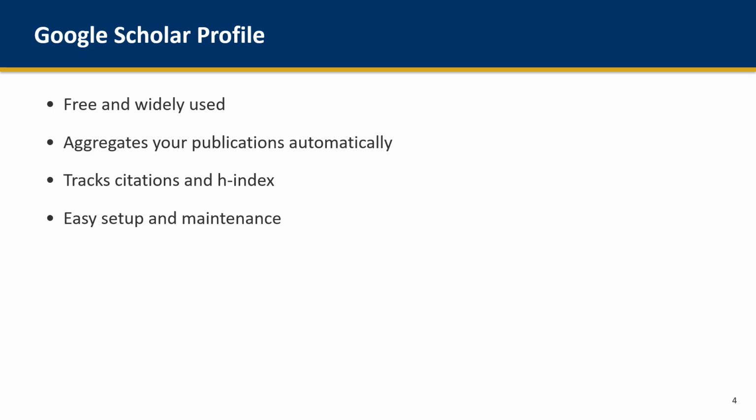Add a professional photo, your affiliation, and keywords describing your research areas. Review the automatically detected publications and correct any errors. The initial setup takes perhaps 30 minutes, and occasional maintenance to verify new publications takes minimal time thereafter. Most established scholars have Google Scholar profiles, and its absence raises questions about why you do not.